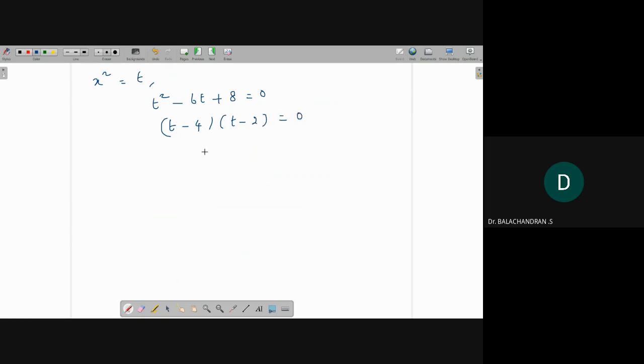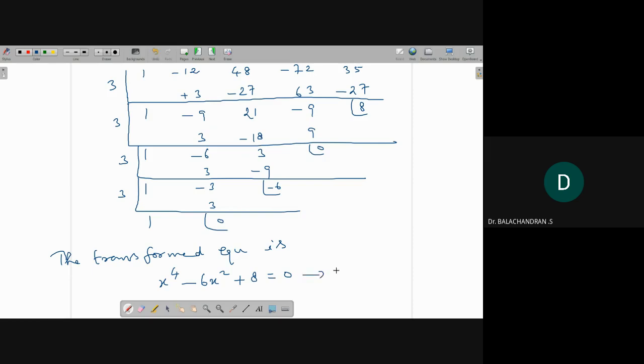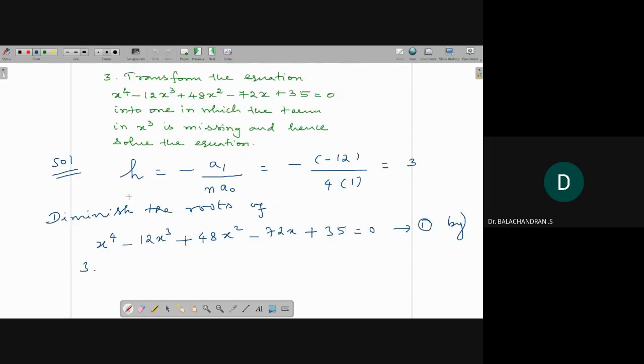So t equal to 4, 2. Since t equal to x square, x is equal to plus or minus 2 and plus or minus root 2. So the roots of equation 2 are the roots of equation 1. Actually, I need to solve this equation.